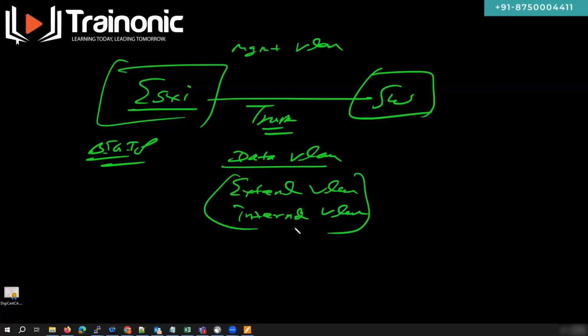But if it's okay to have external connectivity and internal connectivity both using the same VLAN, then use a single VLAN, and you would call it a single arm deployment. So that's the concept. I believe that you got an idea now.